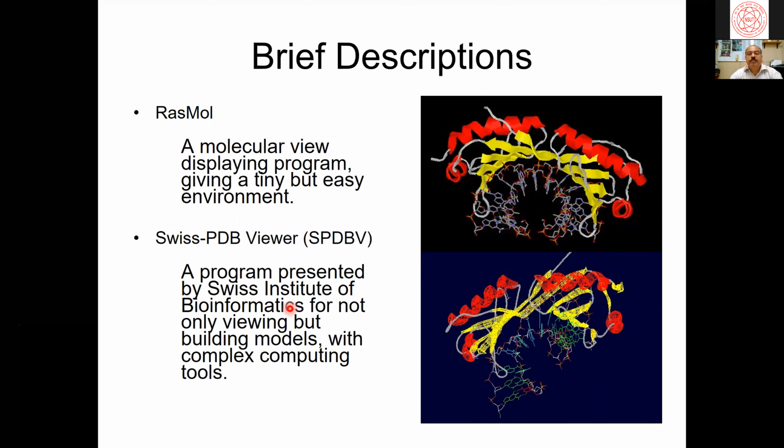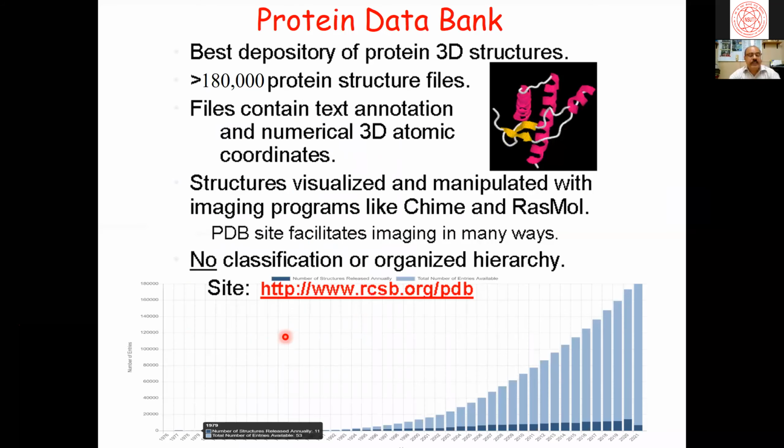This is the same molecule represented by Swiss PDB Viewer, presented by the Swiss Institute of Bioinformatics. It provides a very good interface for viewing various models that can be either downloaded from PDB or made on your own using a suitable modeling software.